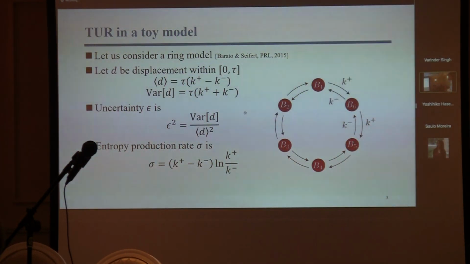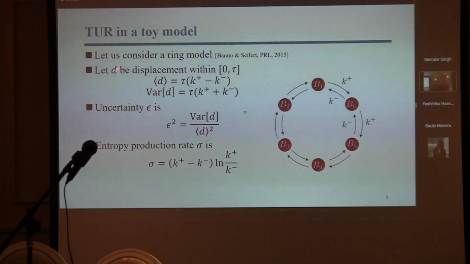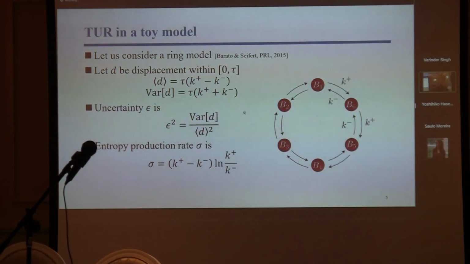So let me start with a toy model. This is considered in the original paper of TUR, and we suppose we have a ring model, and let K plus be the transition rate in the clockwise direction, and K minus be the rate in the opposite direction. We are interested in the displacement within some time interval 0 to tau.